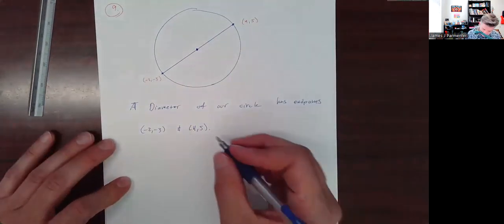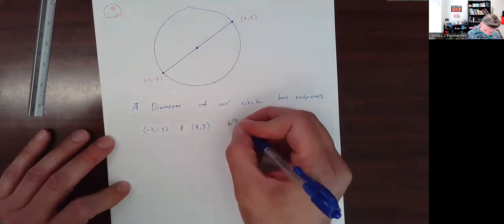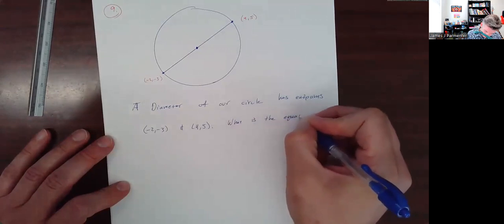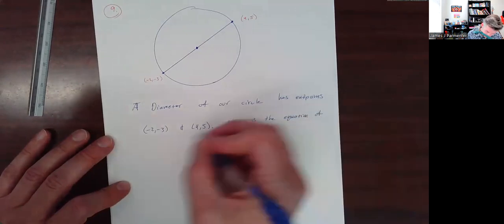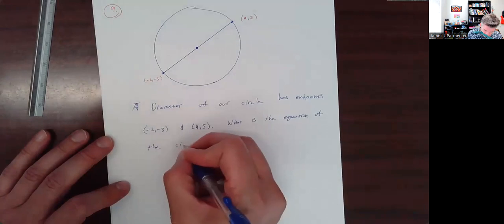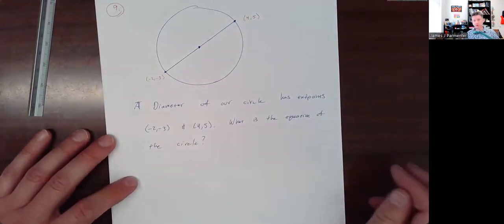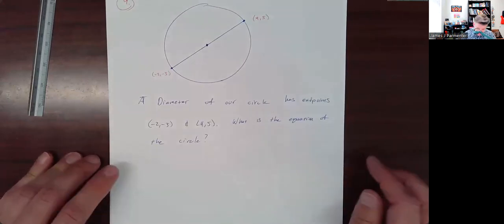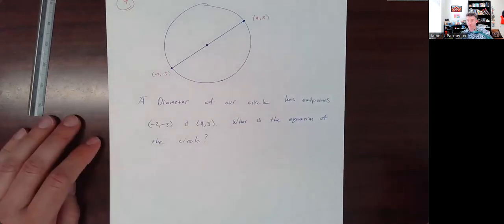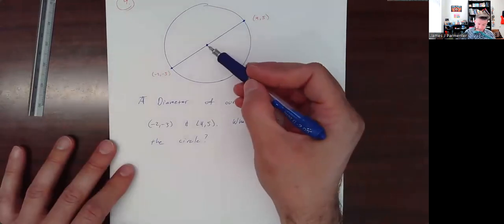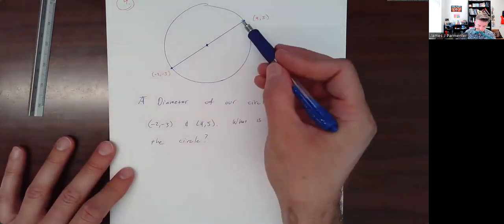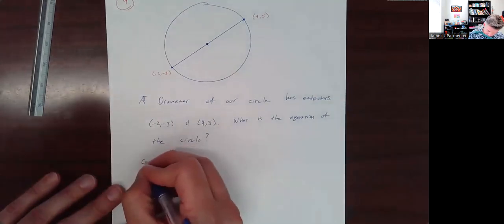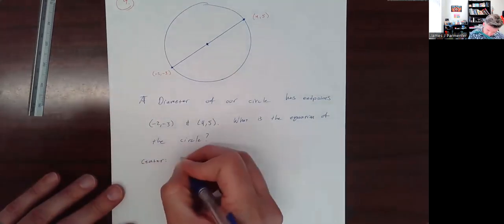And then I want to know the equation of the circle, which is really just a roundabout way of asking what's the center and what's the radius. So to find the center, I'm going to use the midpoint formula, because the center of this circle is the midpoint of these two endpoints of the diameter.